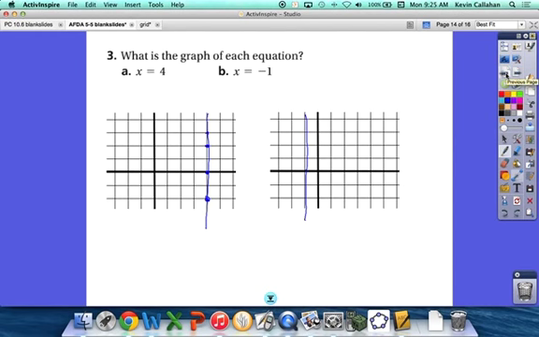But a vertical line, x equals a number, you can't put in slope-intercept form because there's no y. You got to have a y, right? So the only way that you can write a vertical line would really be considered to be standard form, right? Can't be slope-intercept.